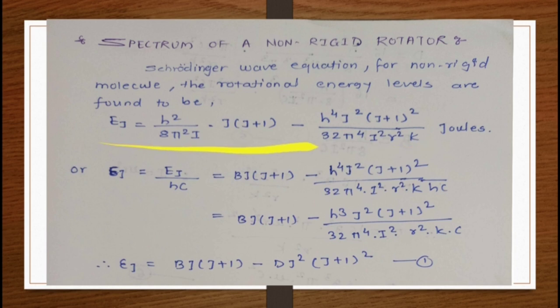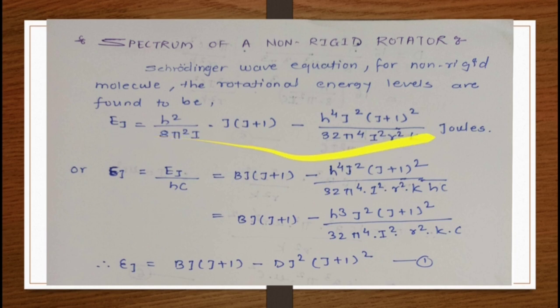So this is the energy equation which was derived from the Schrödinger equation for the non-rigid molecule, and the energy calculation is in joules. So we want to convert this value to per centimeter. How can that be converted? Just by dividing by hc.